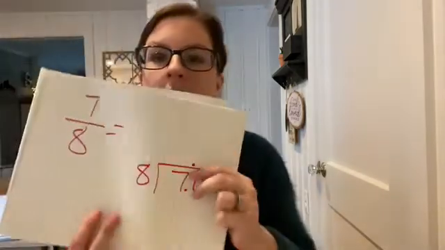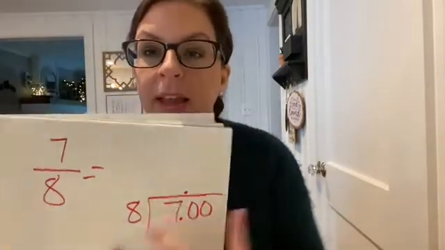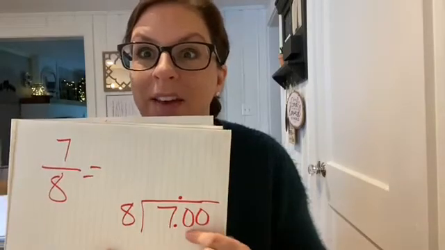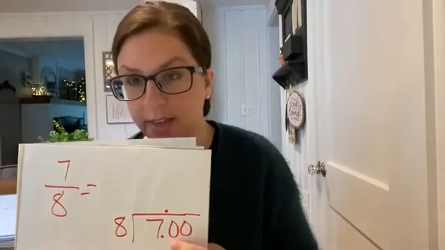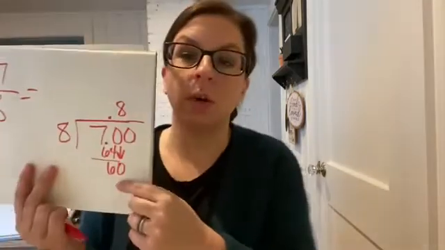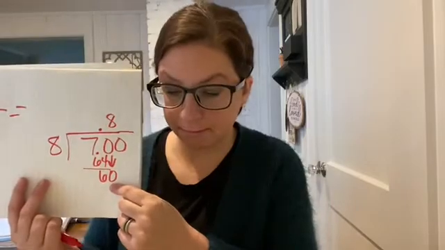So now I'm going to put some zeros there. How many times does 8 go into 70? It goes in 8 times. 8 times 8 is 64. How many times does 8 go into 60? 7. 7 times 8 is 56.